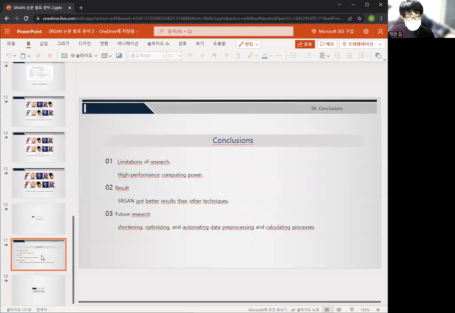Conclusion. In this paper, an experiment was conducted to improve the resolution of classical game graphics using SRGAN. As a result of the experiment, SRGAN showed better results than other techniques.